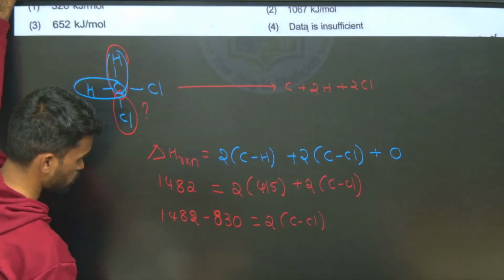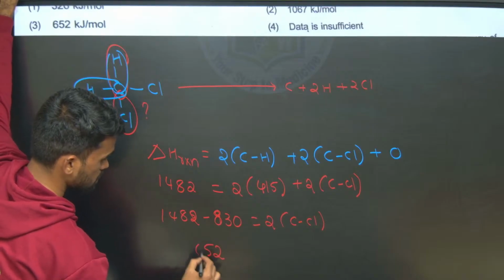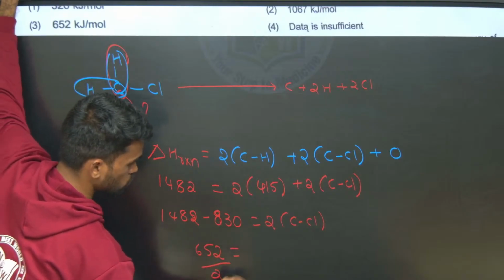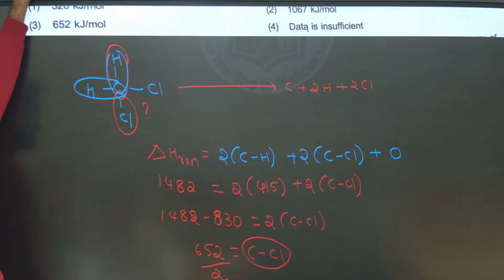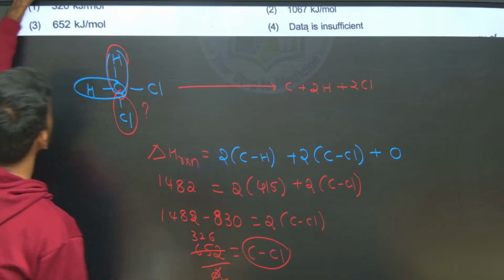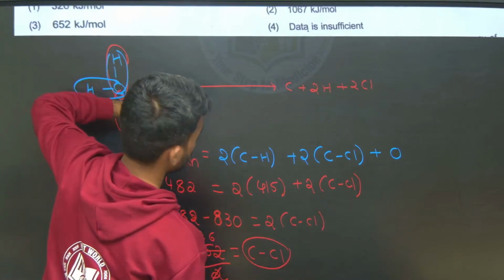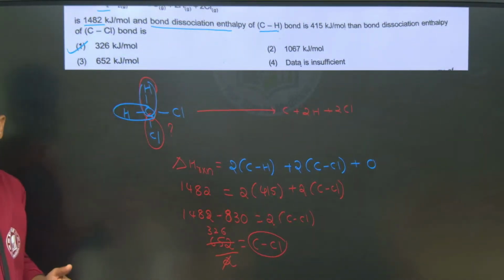So this will be how much? 502 by 2 is 251. So this will be the bond enthalpy of CCl. Okay? So we have option 1. So our option number 1 will be correct for this question.